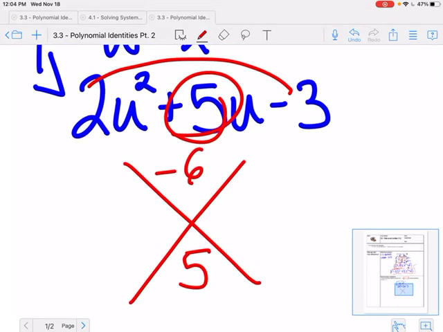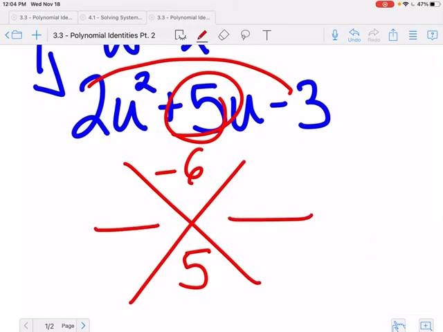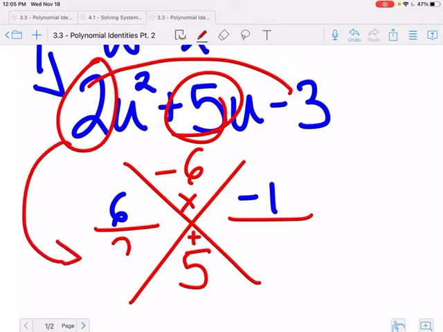And now I'm looking for two numbers that multiply to negative 6 and add up to 5, which in this case is going to be 6 and 1. And the 1 is going to be negative. Now, don't forget that we got to divide it by our a value. So we're going to divide both of them by 2.